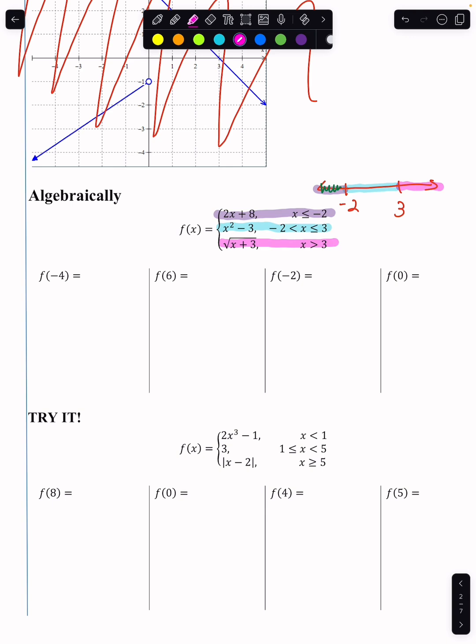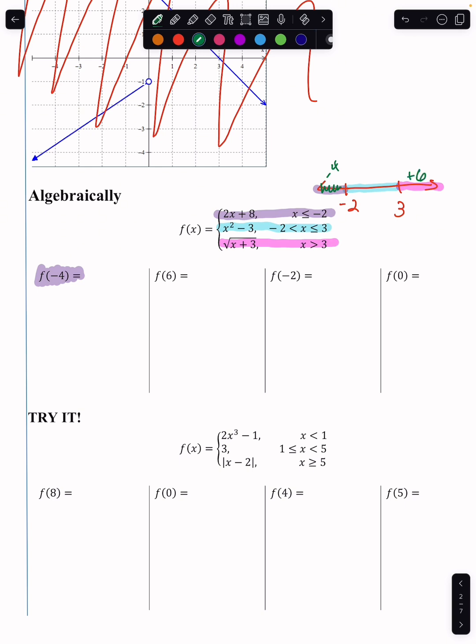Okay? So for the purposes of this, let's look at the numbers that they gave us and see where they fall. Well, -4 falls right there. So that's in the purple section. Okay? Where does +6 fall? +6 happens to be bigger than 3.